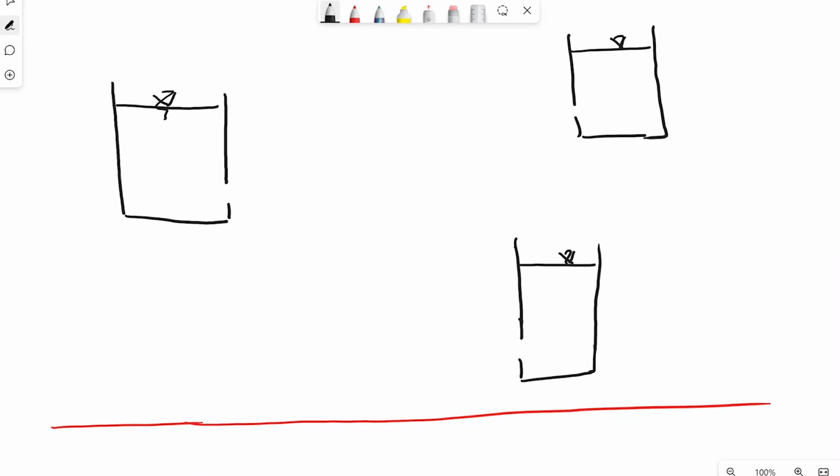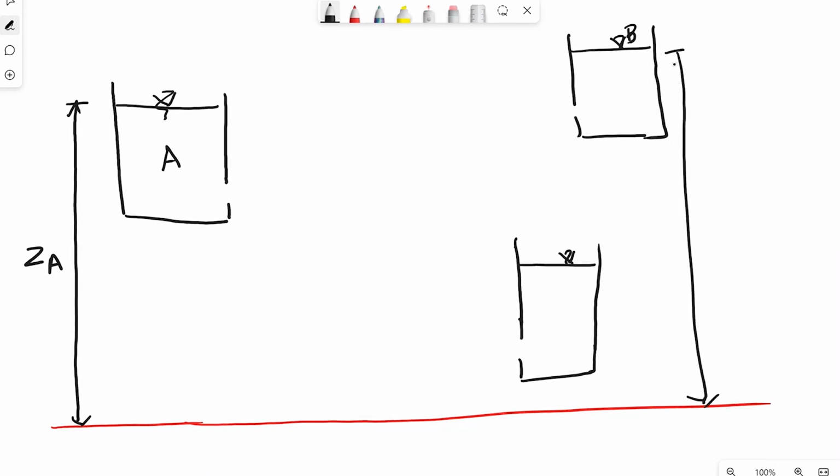Now if I take the datum starting point, this is the datum. If I treat this as reservoir A, this is ZA. Similarly, if I treat this as B, this is ZB. And if I treat this as C, this is ZC.